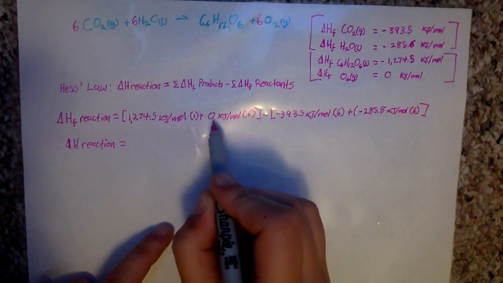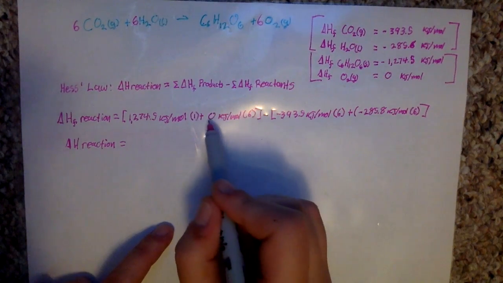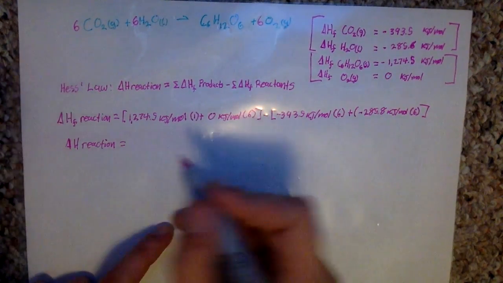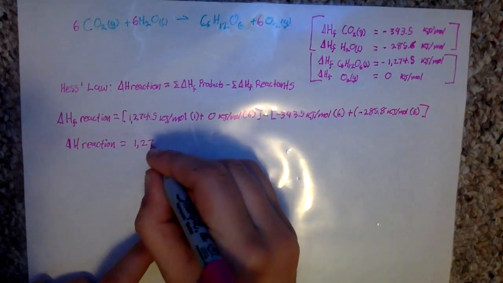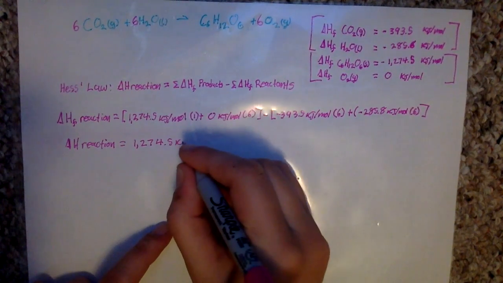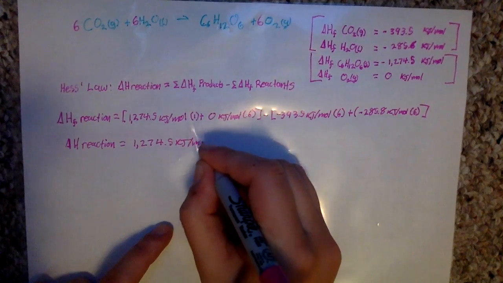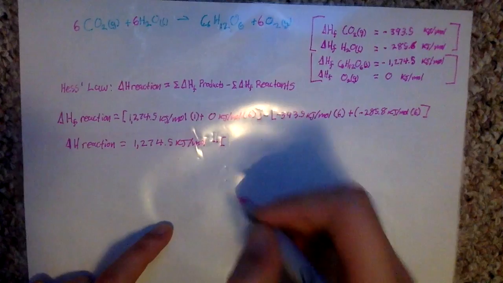And then we're adding 0 times 6 for our oxygen. And so that's going to be plus 0, which is just going to make it the same. So we have 1,274.5 kilojoules per mole for our products. And then we're going to subtract our reactants.